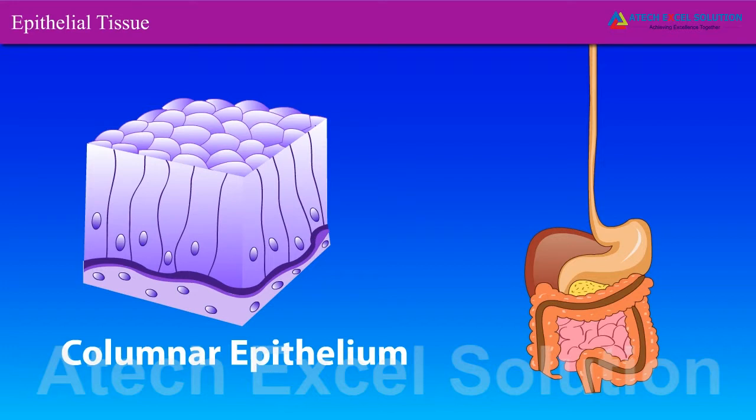The columnar epithelium consists of cells which are taller than broader. Where absorption and secretion occur, like the inner lining of the intestine, stomach, and colon, columnar epithelial cells are present. The columnar epithelium facilitates movement across the epithelial barrier.